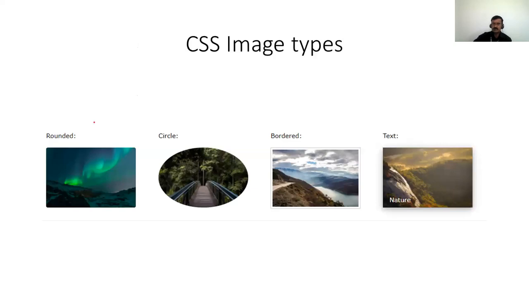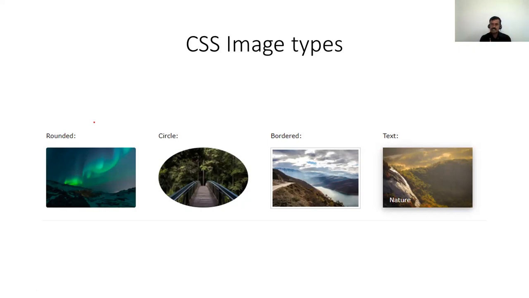And we have four types of CSS images: rounded, circle, border, and text. Whenever you are uploading images to a website, you have to mention what type of image is needed using these classes. The rounded class means it can be displayed as a rectangle with rounded corners.